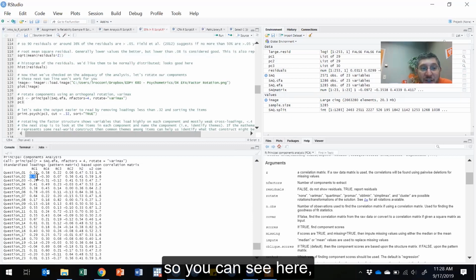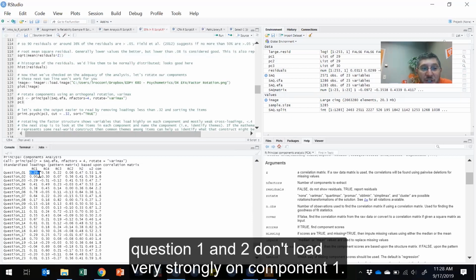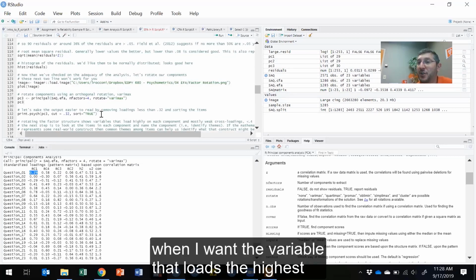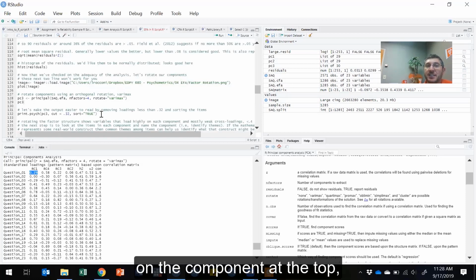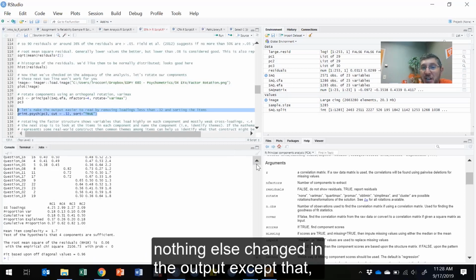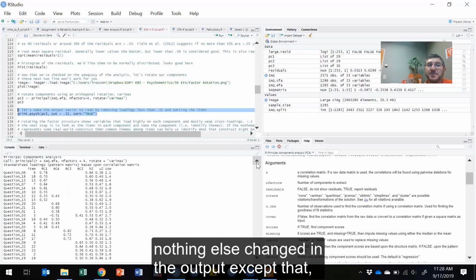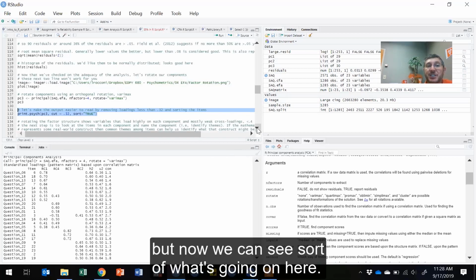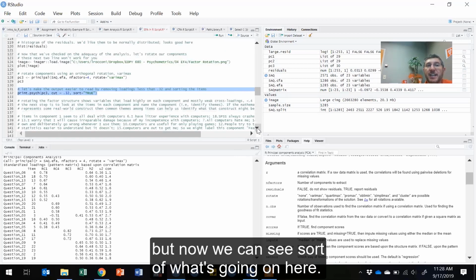You can see here, questions 1 and 2 don't load very strongly on component 1. And we also want to sort the loadings, so I want the variable that loads the highest on that component at the top. It just makes the output easier to read. Nothing else changed in the output except that. But now we can see sort of what's going on here.